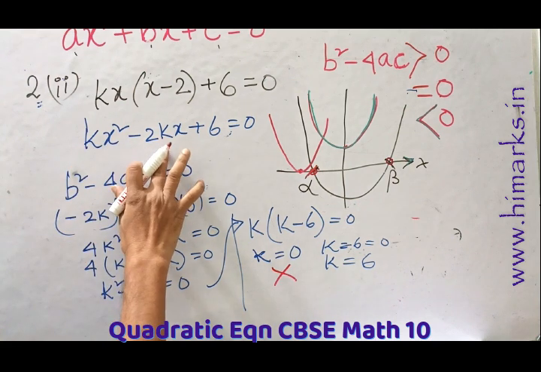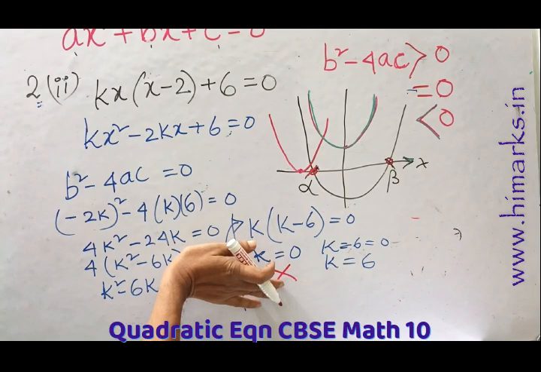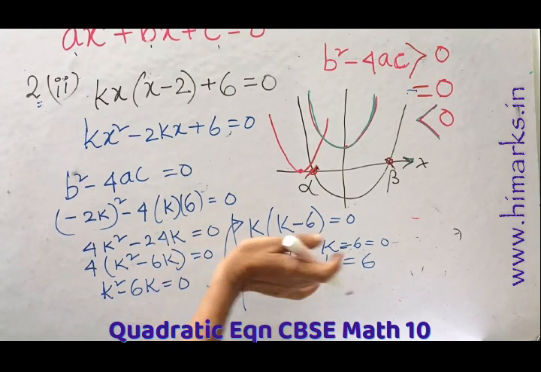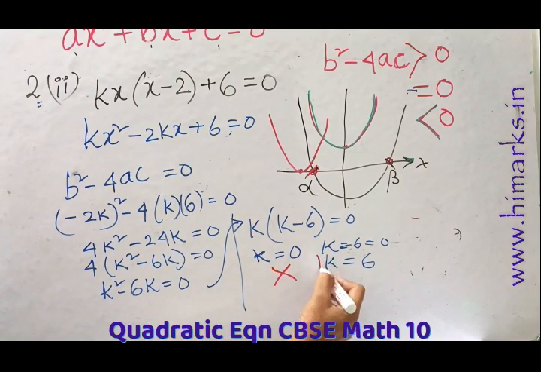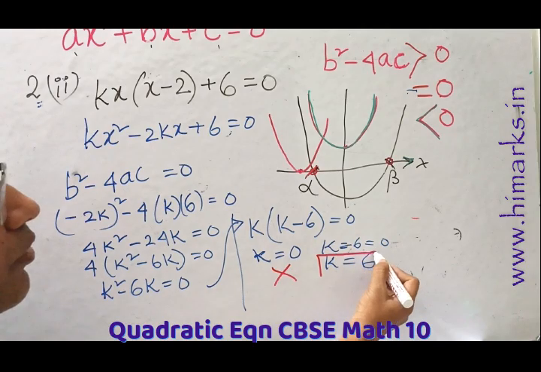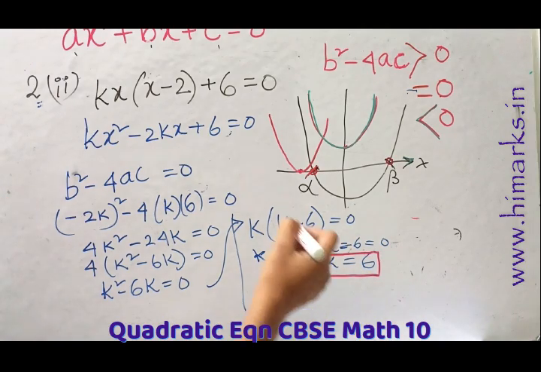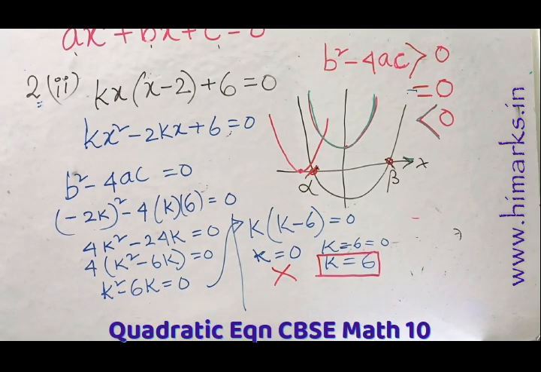So k equal to 6 is the correct solution for which both the roots will be equal. Hope you have understood this. We'll move to the next.